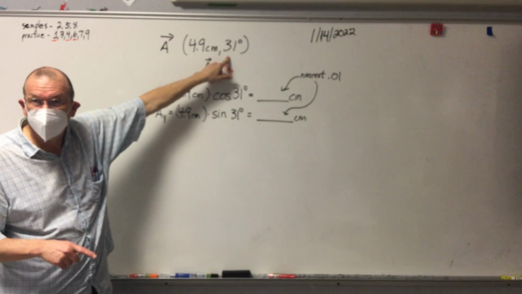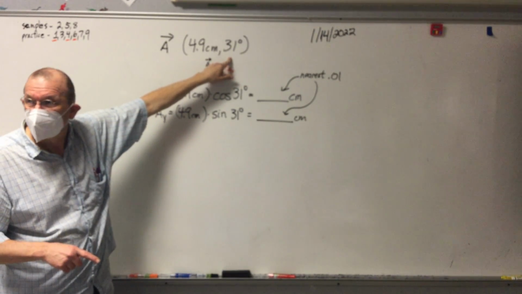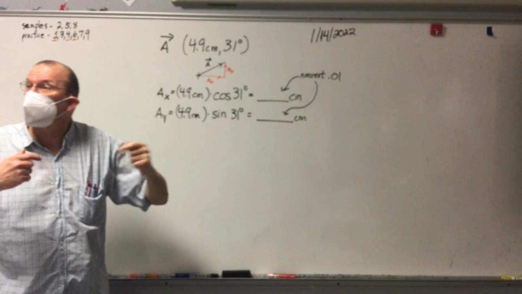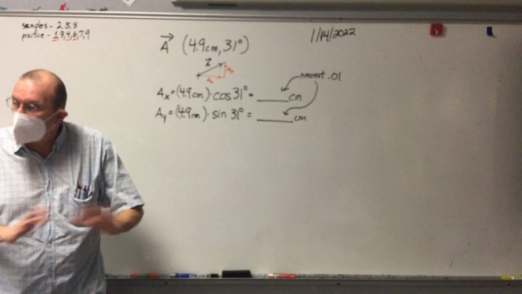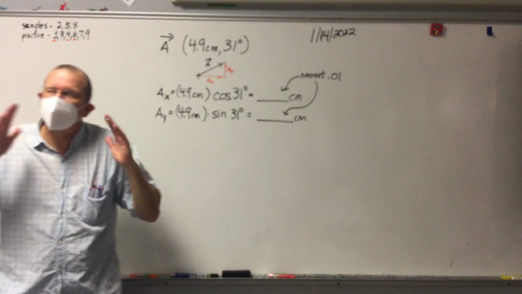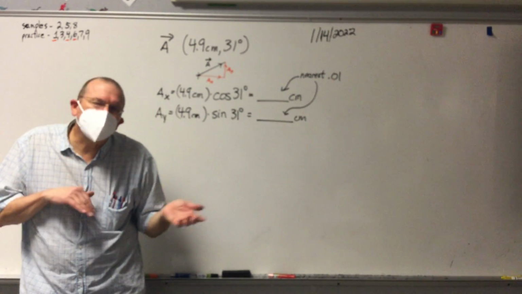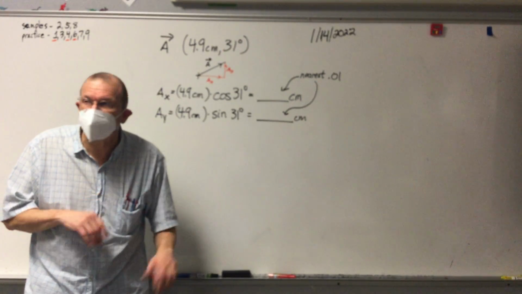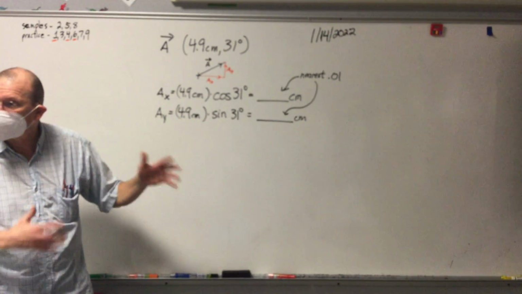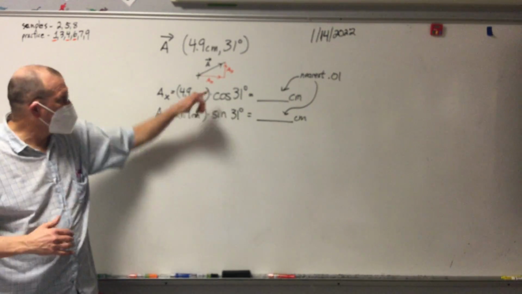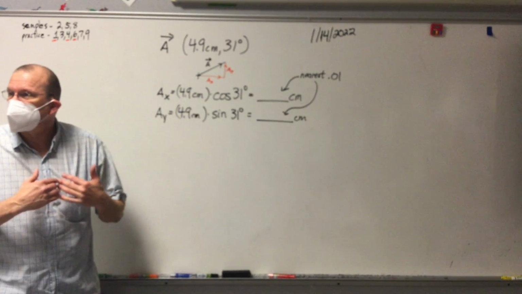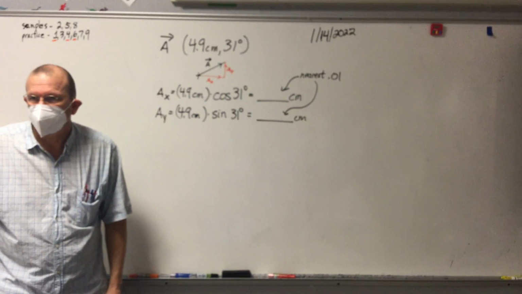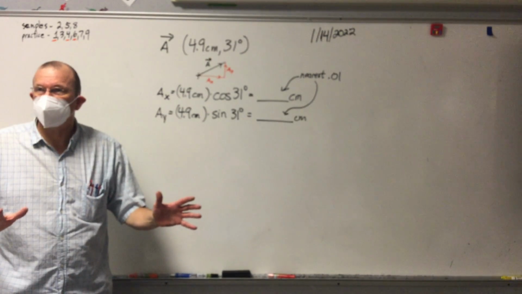Anybody remember? It will give you the appropriate plus or minus sign automatically. You don't have to sit there and go, wait, this is in the third quadrant, so the horizontal needs to be negative and the vertical needs to be negative. If you use that third quadrant angle in your calculation, those negatives will automatically be part of your answer. Okay, are we good with this?